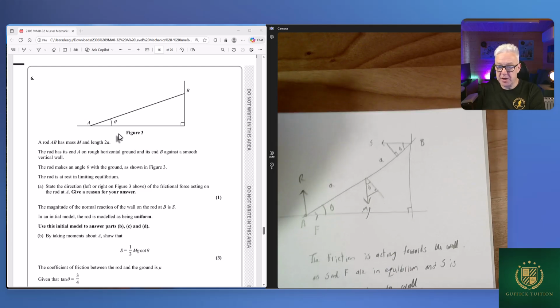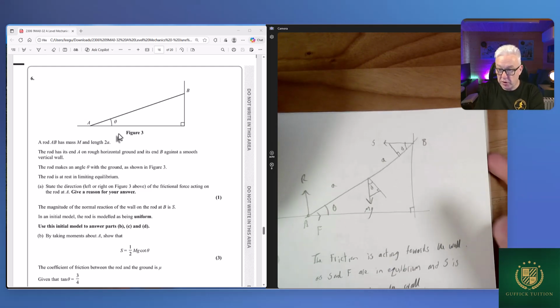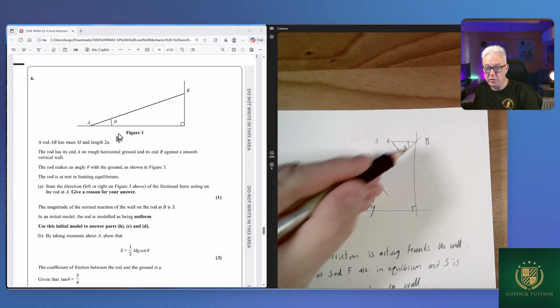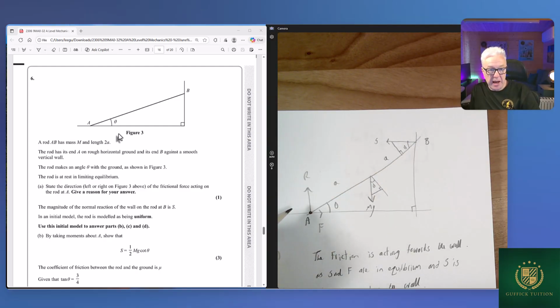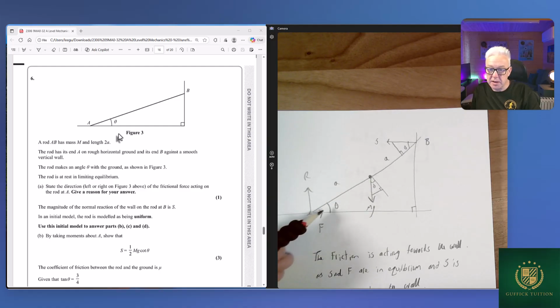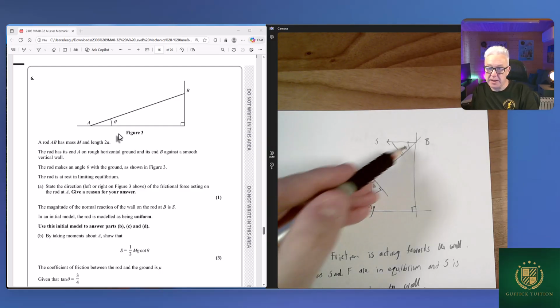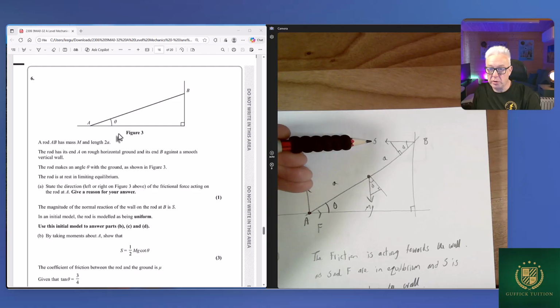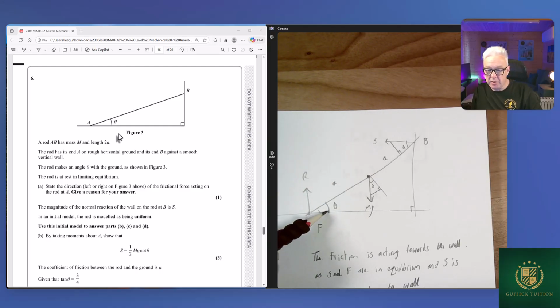Well, first of all, let's make sure we've got our sketch set up properly, which is always appropriate in mechanics. So we've got our uniform rod. It's of length 2a and it's uniform. So that means the centre of mass is acting at the centre. So that distance is a and that distance is a. The question tells us that the reaction at the wall is S. We have an angle of theta.